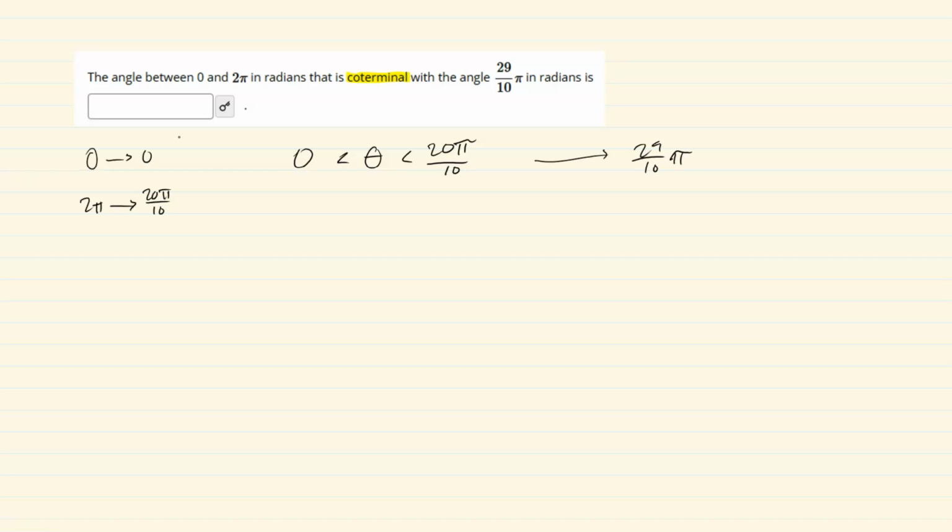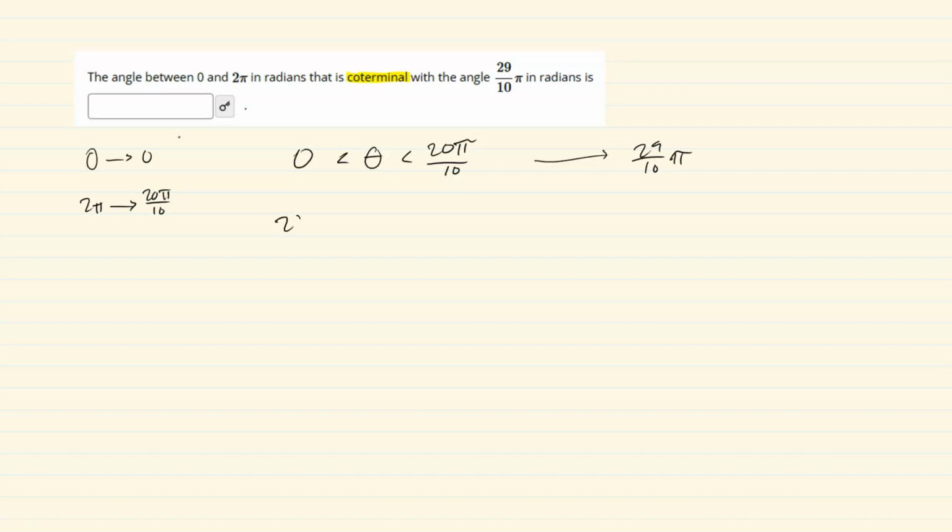But what we can do is subtract 2 pi from 29 over 10 pi, and it might put us in the range that we're looking for.